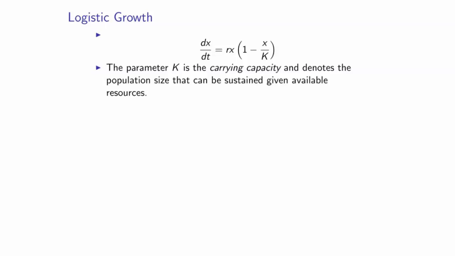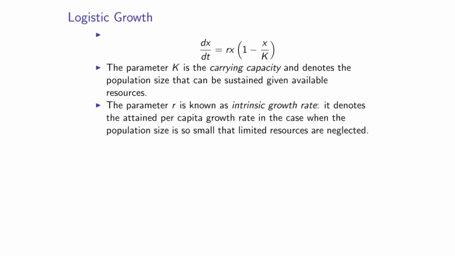The carrying capacity of a population has to do with basically the number of individuals that can be sustained in the population. So it has to do with the availability of resources for that population to sustain a specific number of individuals. On the other hand, the parameter r has to do with the rate of growth.